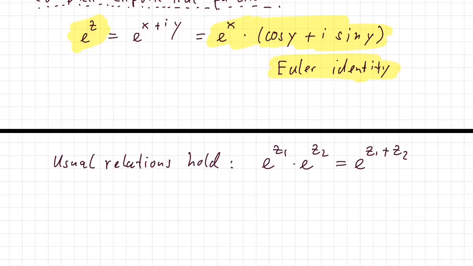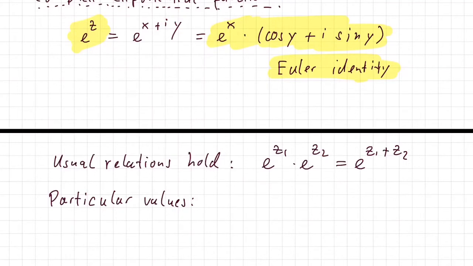Now, it can be interesting to look at particular values of this complex exponential function, especially when the real part is 0, because we see here that the real part is just the usual exponential part that we know. But then we also have, for the imaginary part of z, the sine and cosine.